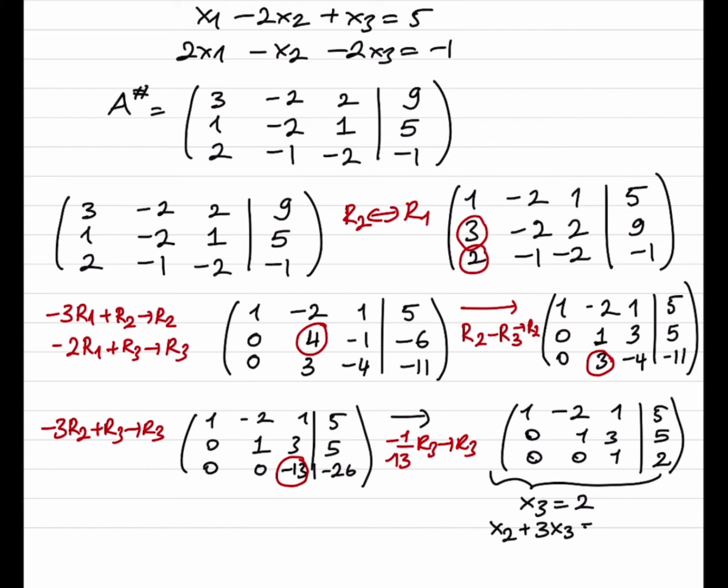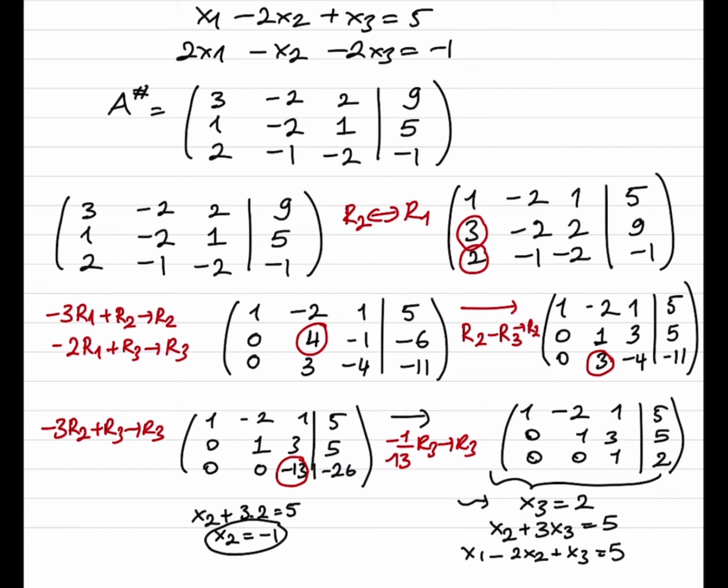x2 plus 3x3 is equal to 5, and x1 minus 2x2 plus x3 is again 5. And we can just solve it. Using this, x3 is 2. So we have 3 times 2, and x2 plus 6 is equal to 5, so we can find x2 here, which is minus 1.